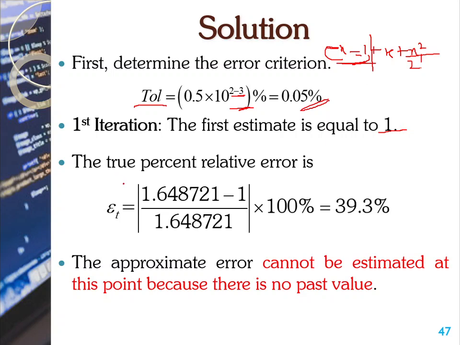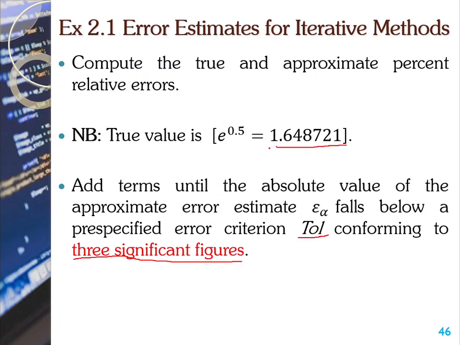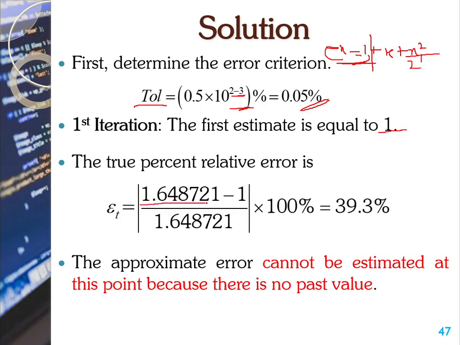Remember that the formula for estimating the error was the true value minus the approximated value, all over the true value. Our true value was equal to 1.648721, so that will be our true value minus our approximation, which we just estimated from the first iteration, all over 1.648721, all times 100.